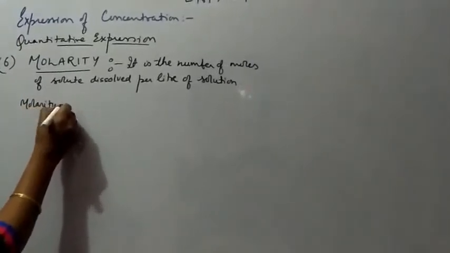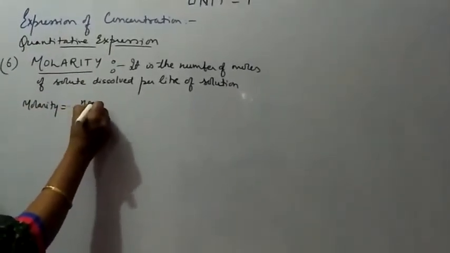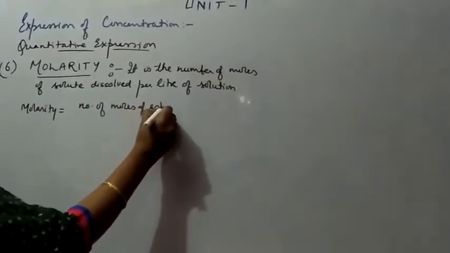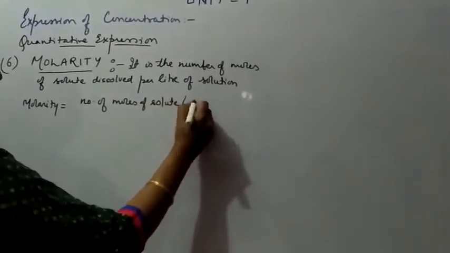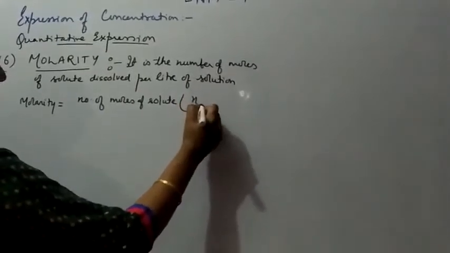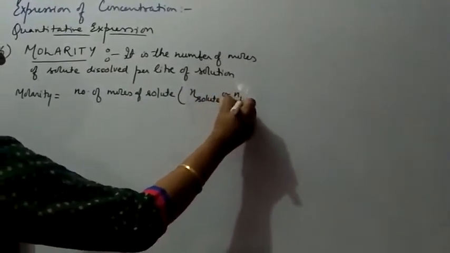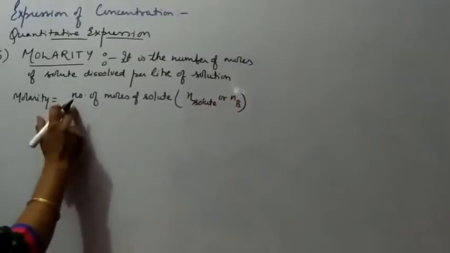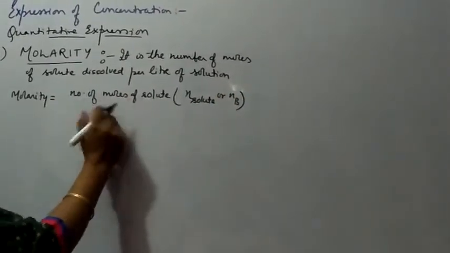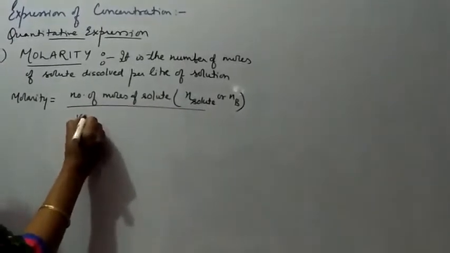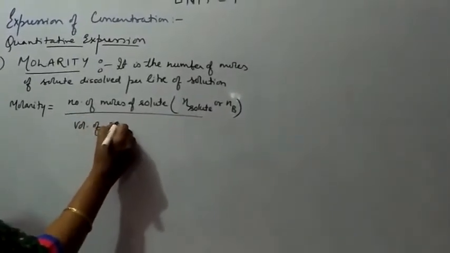That is, molarity equals the number of moles of solute. Now the number of moles of solute is generally expressed by small n. Either we can write solute or you can write nB also, right? So number of moles of solute divided by volume of solution.